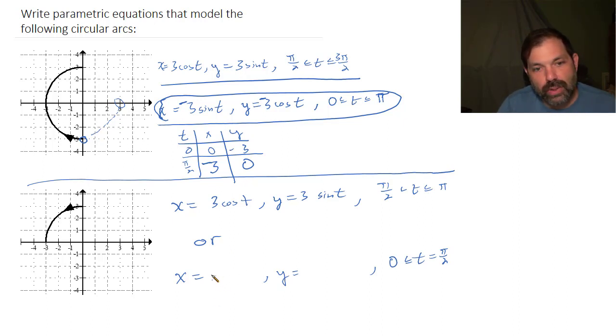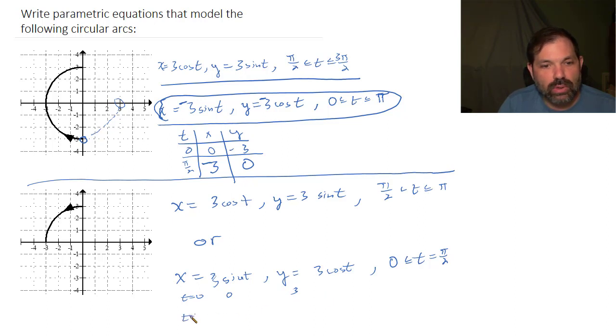Let x be 3 sine t, and y equals 3 cosine t. Would that work? If t equals 0, that will certainly give me (0, 3).